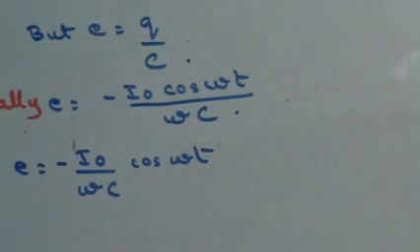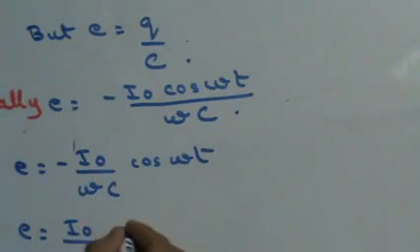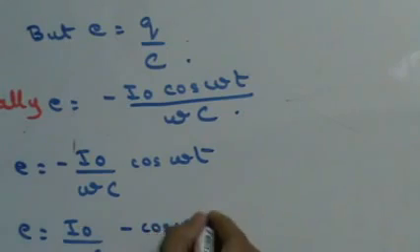Now I can therefore say that, let us assume, I0 upon omega C, minus cos omega t. I'm taking the minus sign with the cos function.